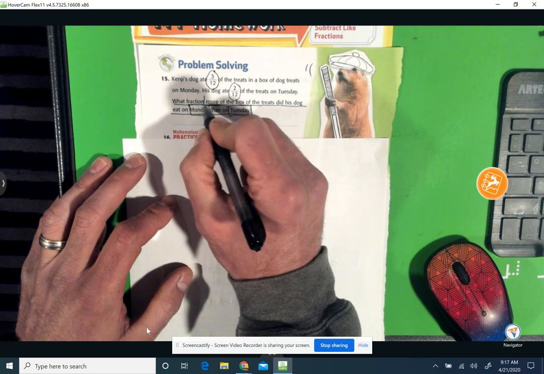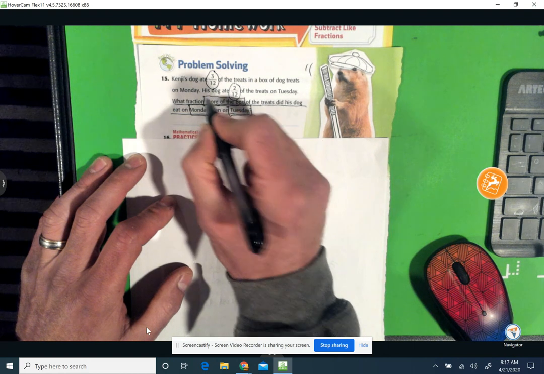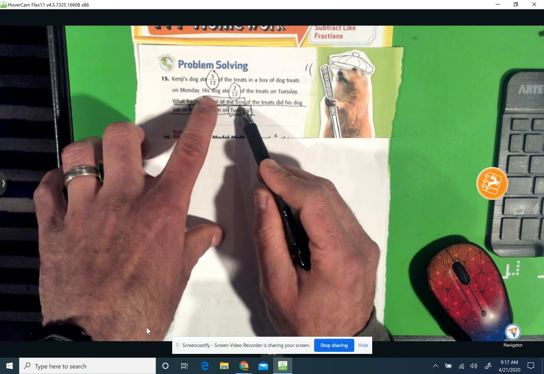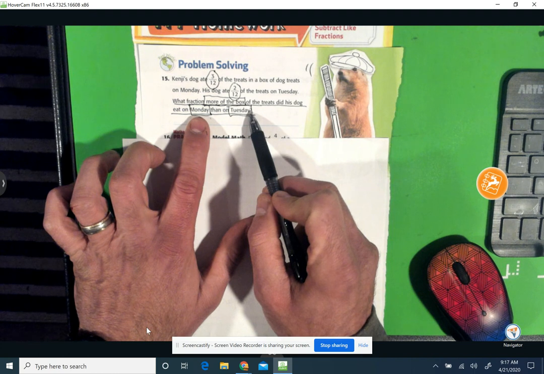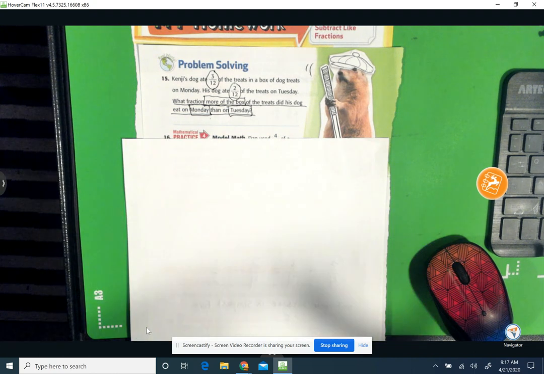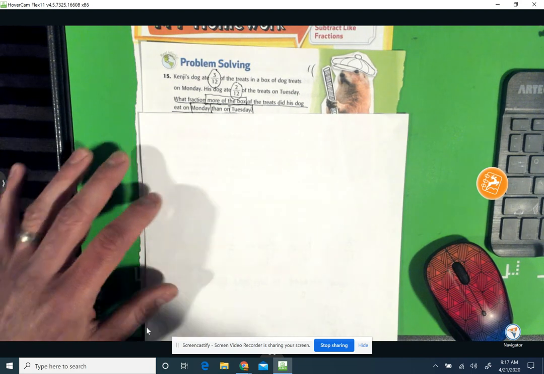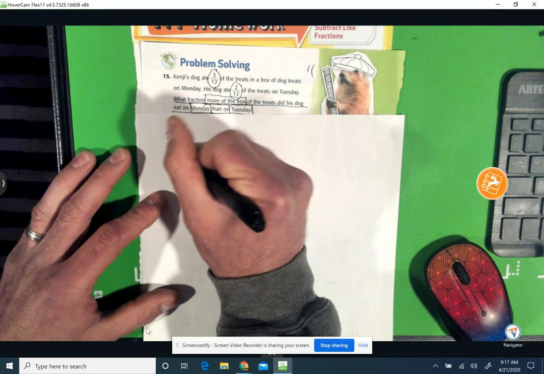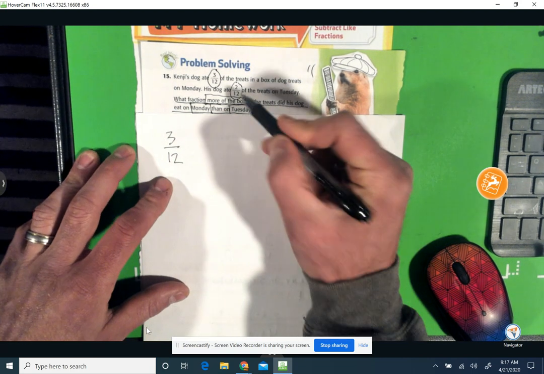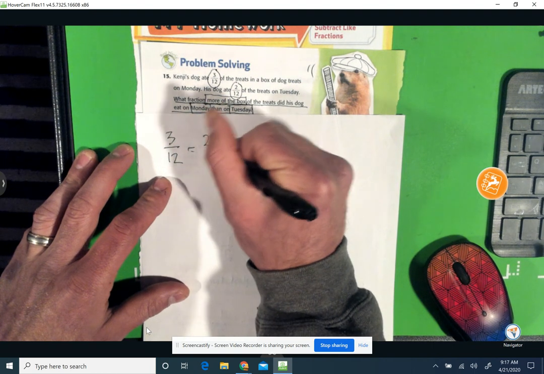What fraction more of the box? Okay, so we're comparing the box of treats on Monday and on Tuesday. What we need to do is subtract Monday and Tuesday to compare them. So to set it up, we have 3/12 minus 2/12.